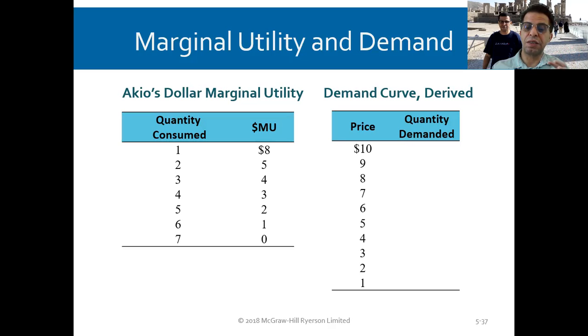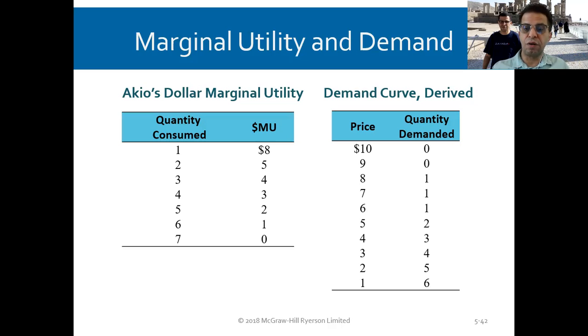But if the price is 10, the consumer is not interested in buying because it's not giving the value or the utility. So once it becomes 8, he pays it, because that's how much value he's getting. If it's more expensive, he's not gonna buy it. And as the price goes down, he will be buying more and more.